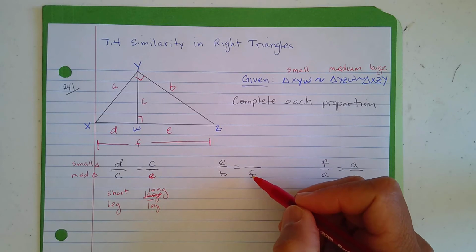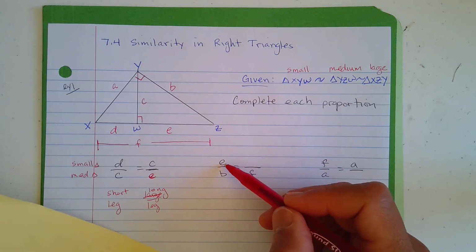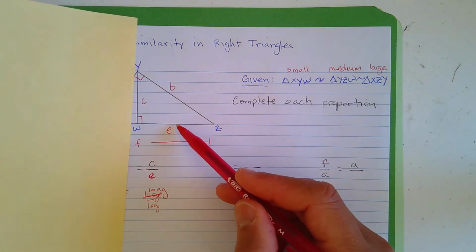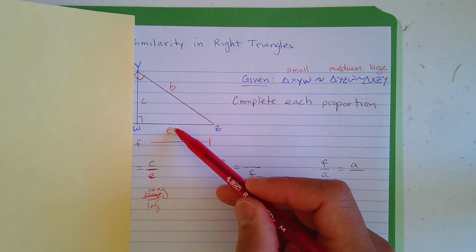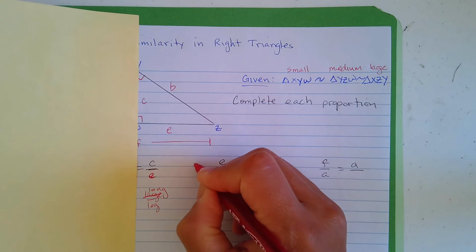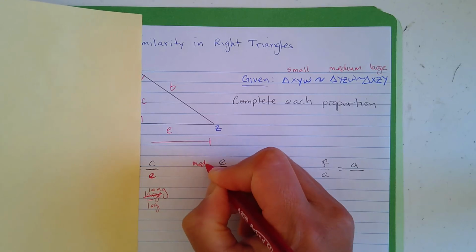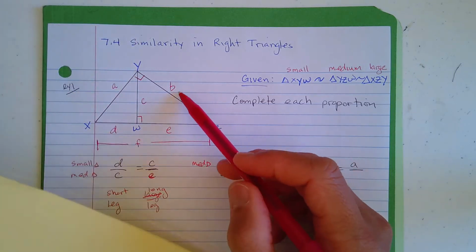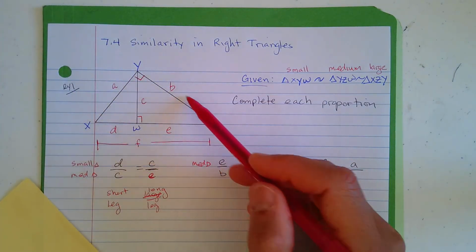Let's take a look at this. E. If we look at side E, the only thing side E can be is the medium triangle. So here's the medium triangle. Let's look at B. B is part of the large triangle.